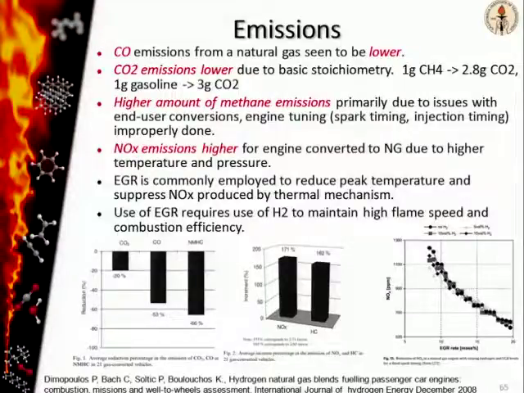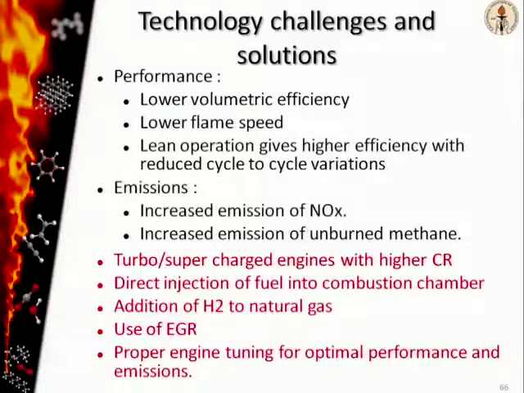I'm going to skip these graphs for now, and go over some of the major technology challenges and solutions that you come across when converting from gasoline to natural gas. In terms of performance, there's lower volumetric efficiency, which can be fixed by either turbocharging or supercharging the engine, or by direct injection of fuel into the combustion chamber.